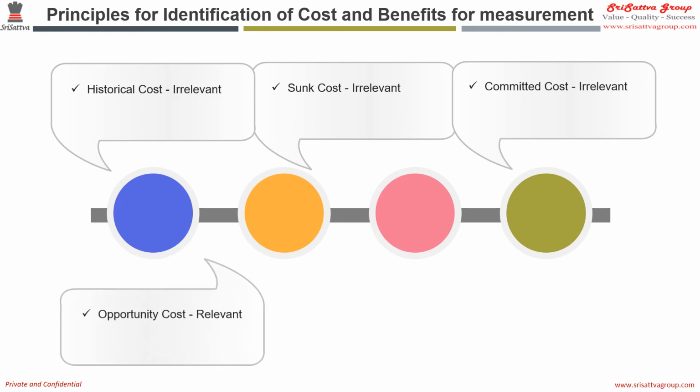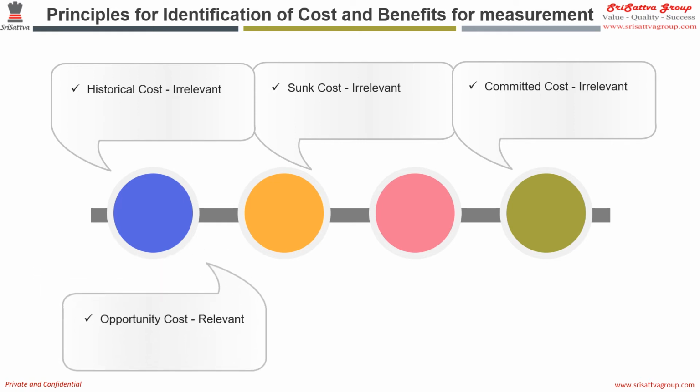Opportunity cost is relevant. The opportunity cost is represented by the foregone potential benefit from the best rejected course of action. Had the option under consideration not been chosen, the benefit would have come to the organization.